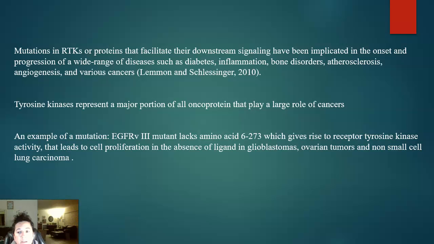So these genes can cause many abnormalities. An example of one of these abnormalities is ovarian tumors and lung carcinomas, and those are caused by the mutated EGFR.